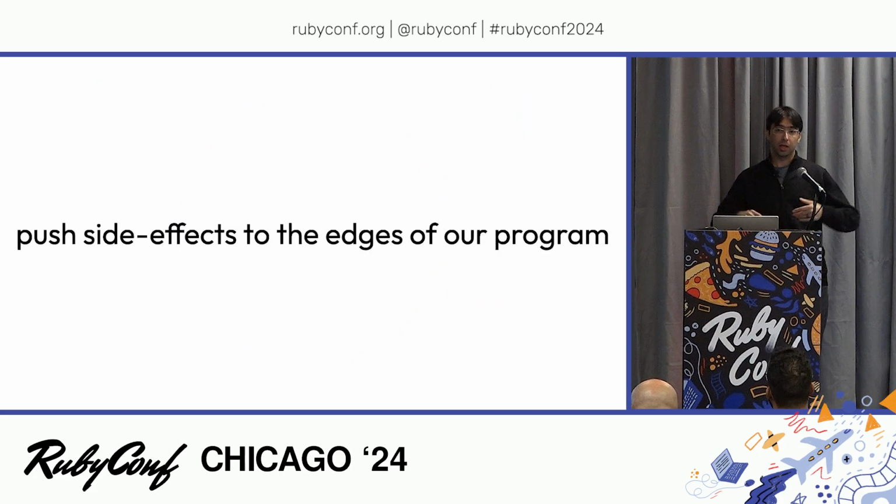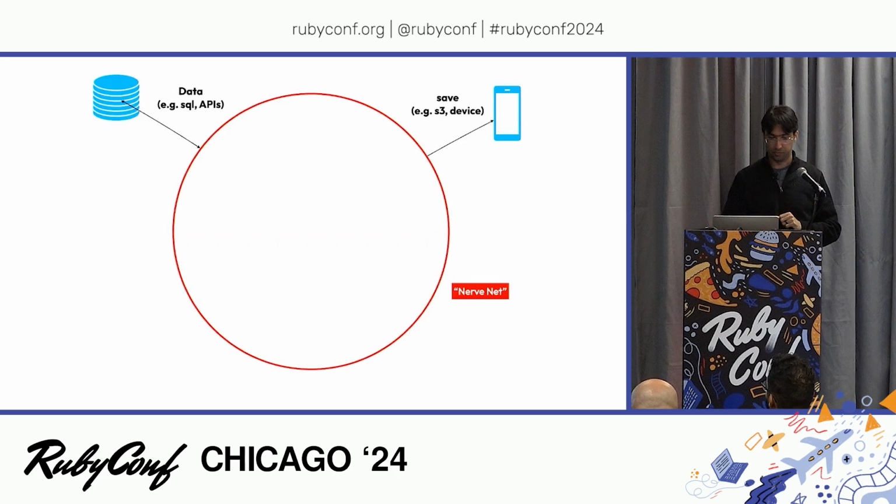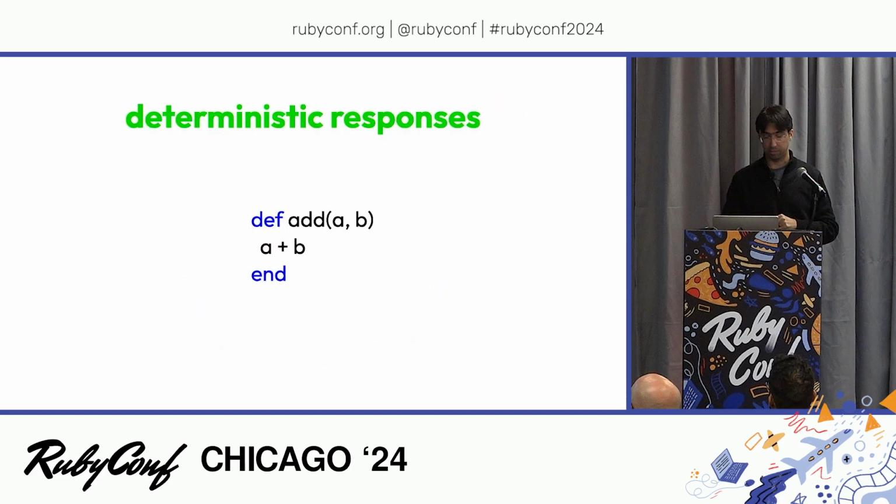Yep. So we can do that. We can push the side effects, or our interaction with the outside world, to the edges of our program, just like a jellyfish would do. So here's what our design might look like. We'll have a nerve net. If we're interacting with a database, or a device or something like that, then that'll be on the outside of our program.